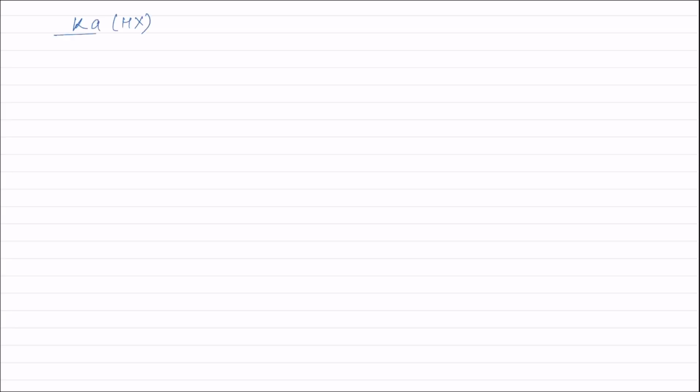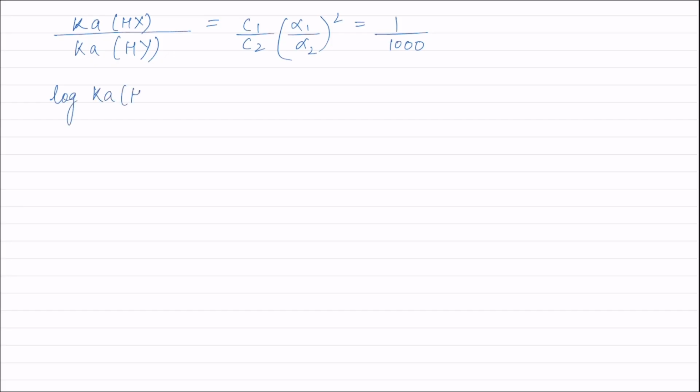Therefore Ka of HX divided by Ka of HY is equal to C1 by C2 into alpha 1 by alpha 2 whole square, and this is equal to 1 by 1000. From this, log Ka of HX minus log Ka of HY will be equal to minus 3.